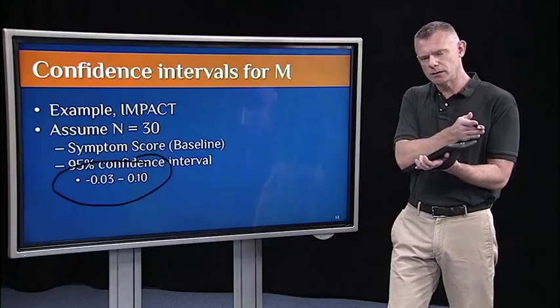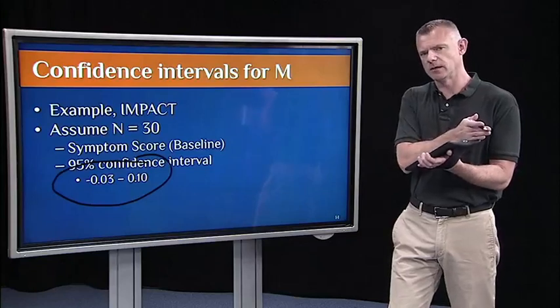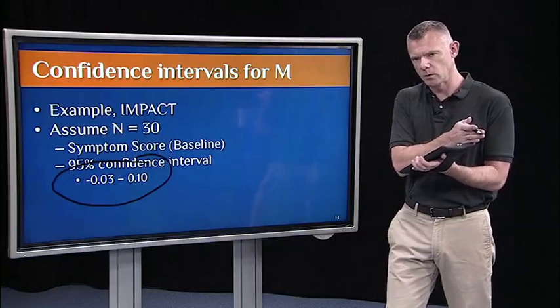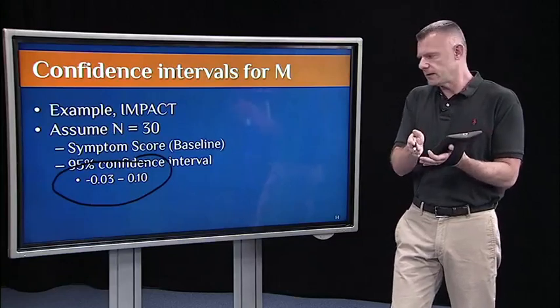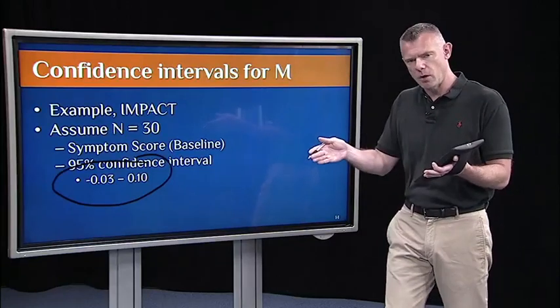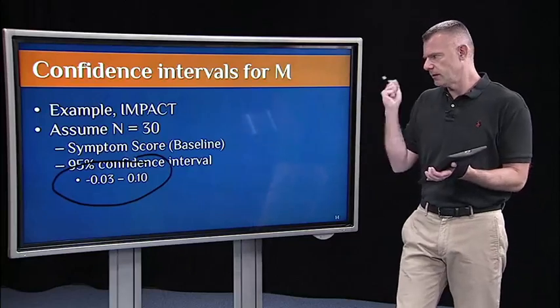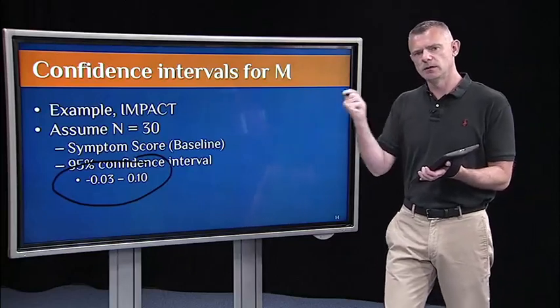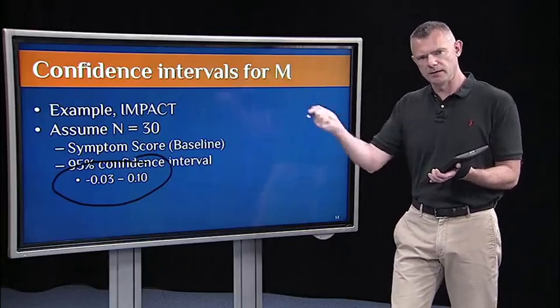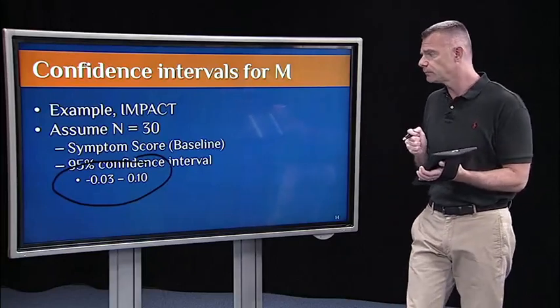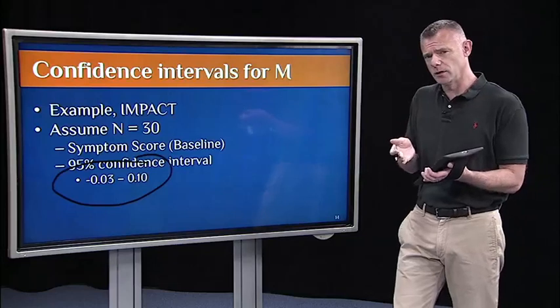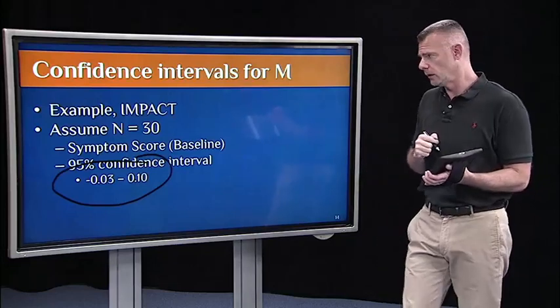Notice it goes below 0, which doesn't make any sense. That's not a possible score on the symptom score. But what it does is, you'll see the calculation in a moment, it just calculates the mean of the sample plus or minus some function of standard error. So it might go below 0 if the true score is 0.